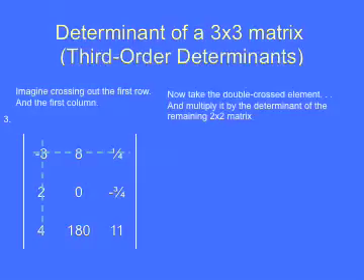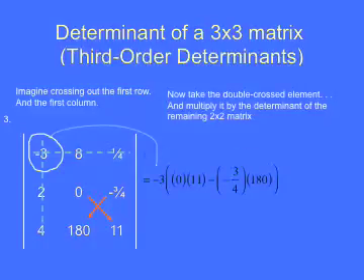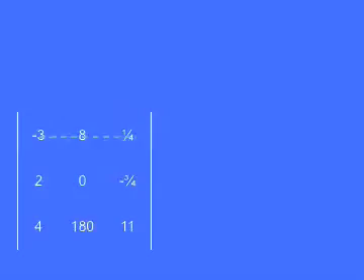We calculate that determinant the same way we just did in the previous example, and this is what we have. We'll take the double-crossed -3, multiply it by 0 times 11 minus -3/4 times 180. Now we'll calculate that result and add that in to our steps here.